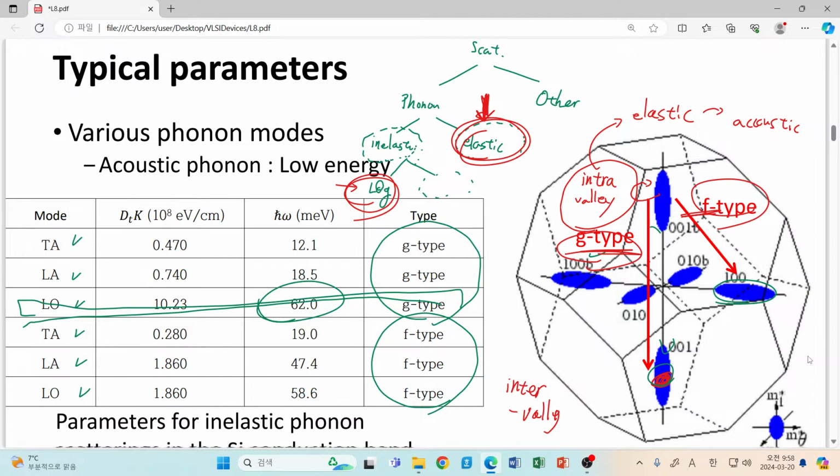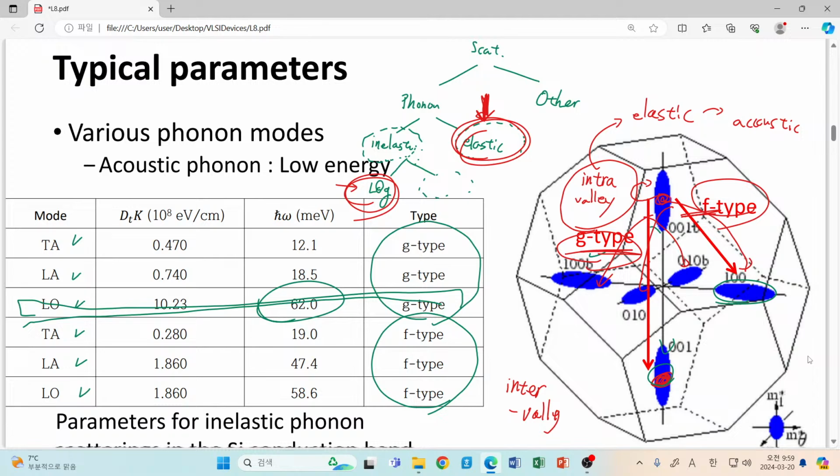In the case of G-type, the degeneracy is just 1. There is only one destination. However, in the case of F-type phonon, how many destinations can you find? There are 4 copies of bellies you can arrive at. Starting from this one, you can go that way, another one, another one, another one. So we have 4 different choices.